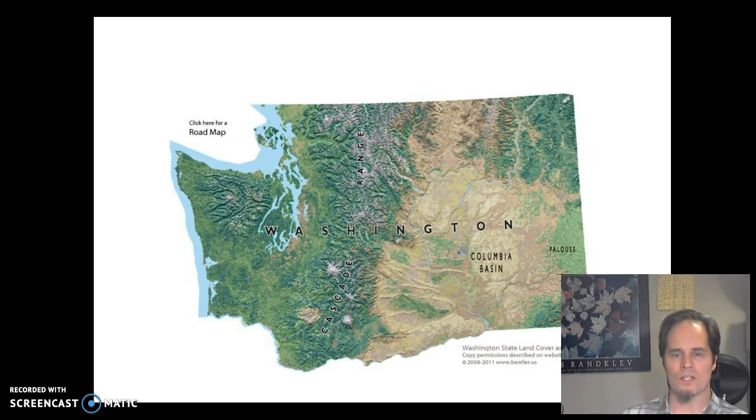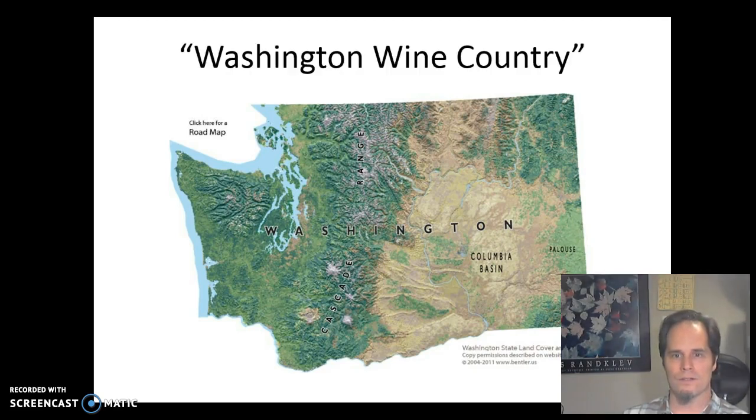Moving on to a smaller scale region, here we have the phrase Washington wine country. Here's a map of the state of Washington. People might define this a little bit differently. How would you define what is meant by the term wine country as it's applied to the state of Washington? You might take your guess. Could be, you think of it as the Walla Walla Valley or the Columbia Valley.